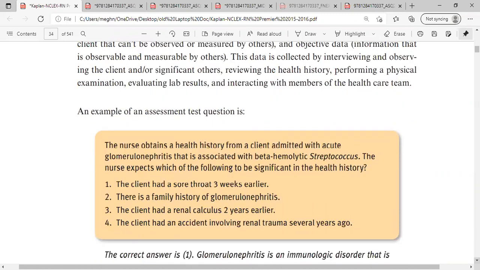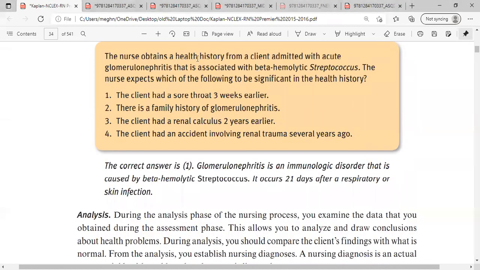Here is one example of assessment. Example of an assessment test question. Let me explain. The nurse obtained a health history from a client admitted with acute glomerulonephritis that is associated with beta hemolytic streptococci.